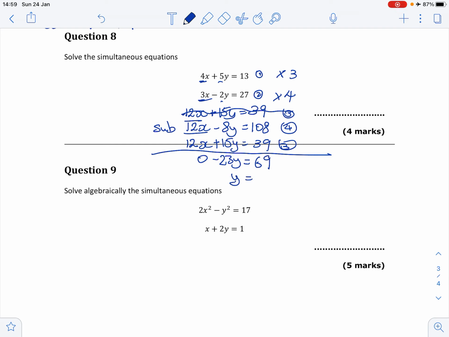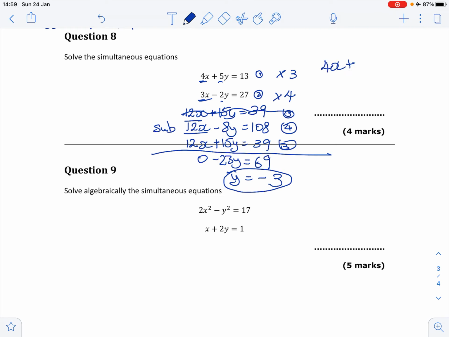Then I'm going to divide both sides by minus 23. So I have y equals minus 3. So remember, this is a simultaneous equation, so you will have two solutions. So substitute your y value into one of the original equations. So I'm just going to pick equation 1.